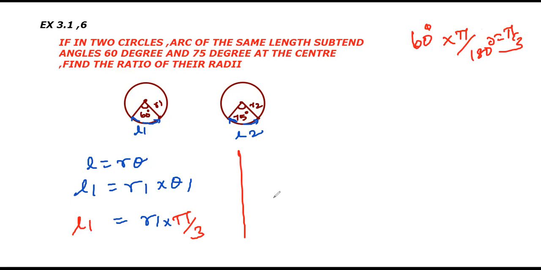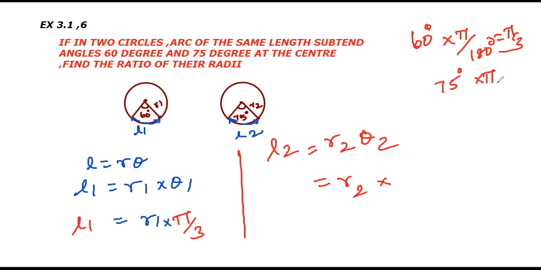And for the second one, L2 is equal to R2 into theta 2, that is, times 75°. When you convert 75° in terms of radian, you will get 5 pi by 12.